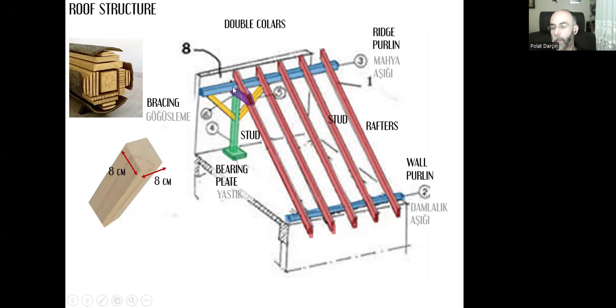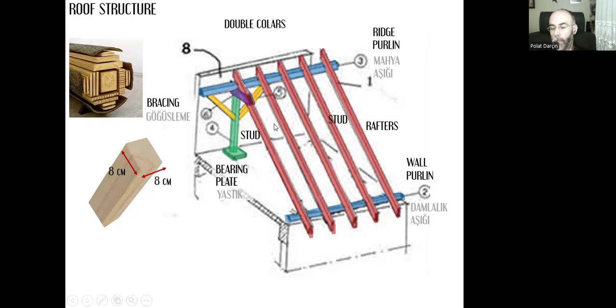And their function is to connect a rafter, a stud, and a purlin, so that with lateral loads like wind or earthquake, the system can stay intact. But we don't need to do them on both sides. We can just prefer one of the sides.